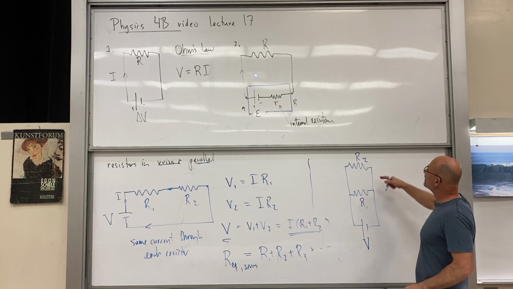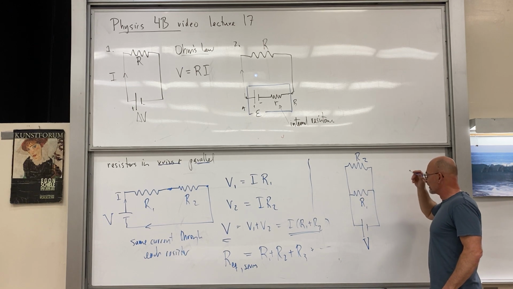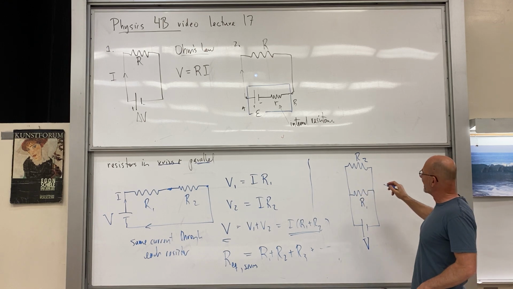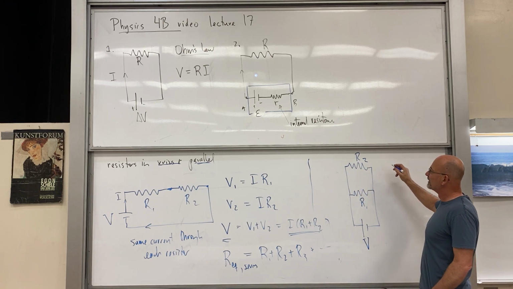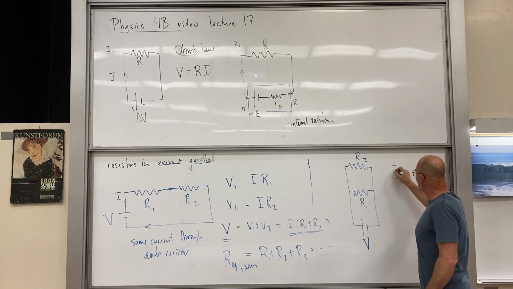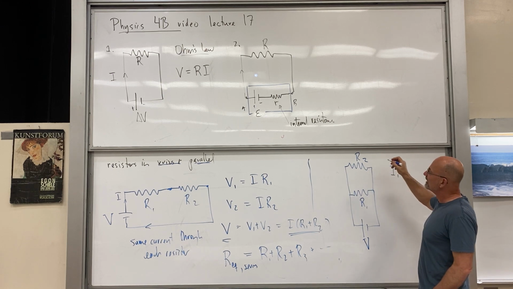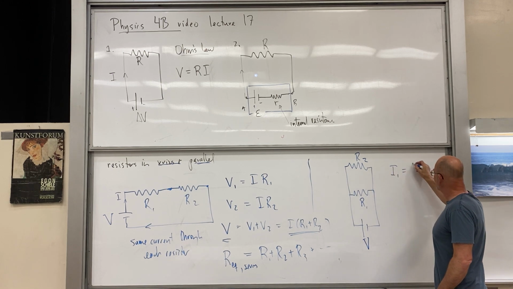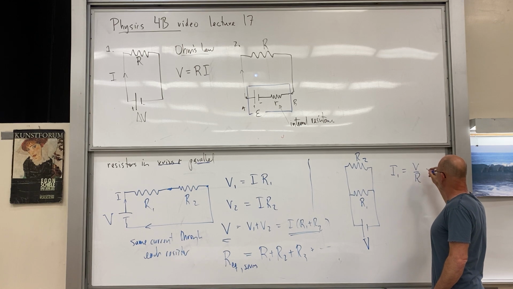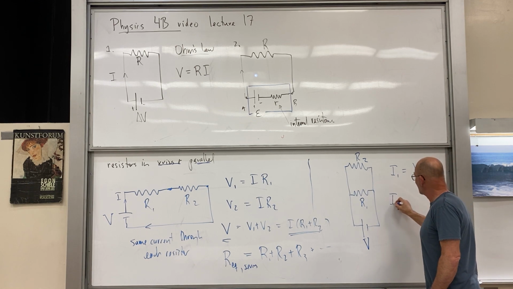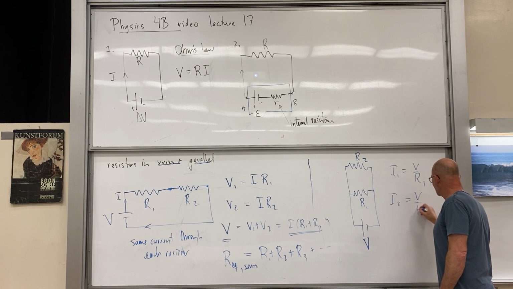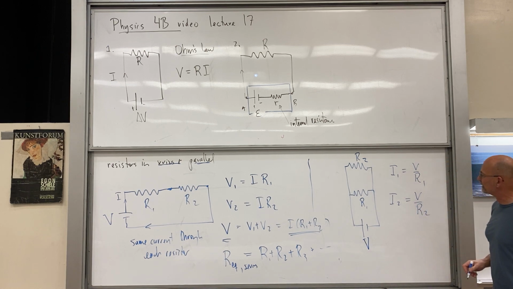So we're just going to use Ohm's law again, but now we have I sub 1 is equal to V divided by R sub 1. I sub 2 is equal to V divided by R sub 2. Okay.